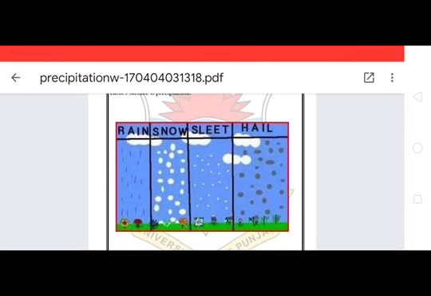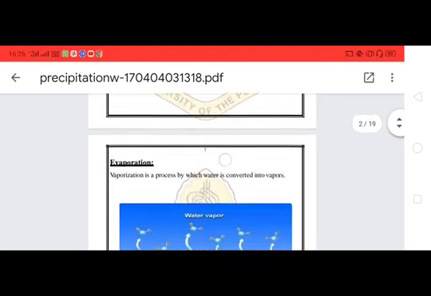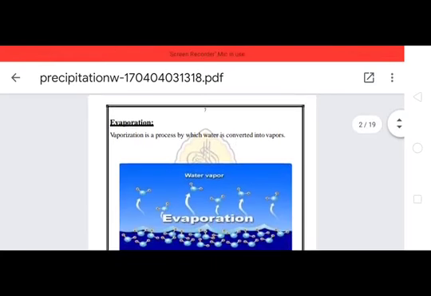The size we will discuss in the next slide, but the difference in diameter of the water droplets is clearly visible from this picture.